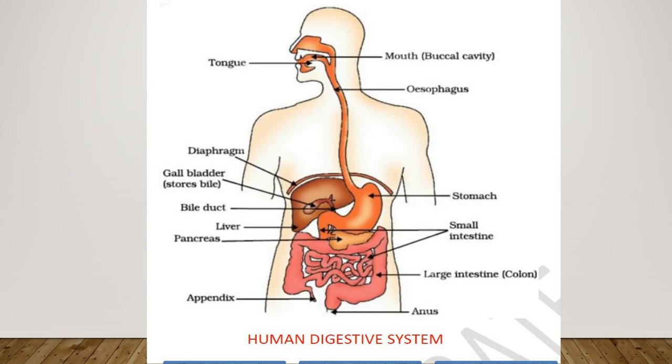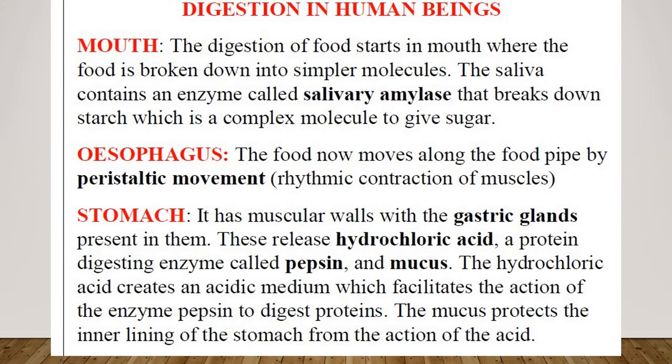Now moving to your digestive system. The diagram of a digestive system shows the tongue, mouth, esophagus, diaphragm, stomach, bile duct, gallbladder, liver, small intestine, pancreas, appendix, large intestine, and anus. These are all the parts of your human digestive system.